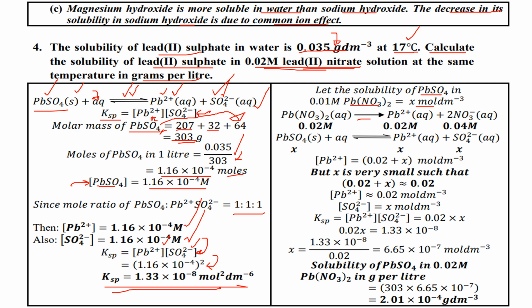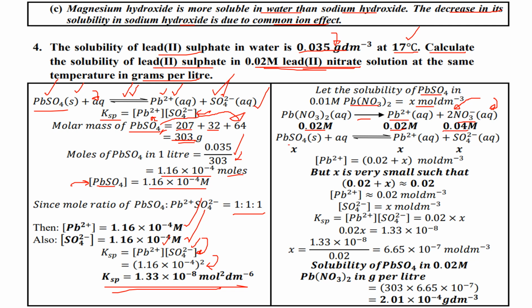When lead-2 nitrate ionizes, it gives us lead ions and nitrate ions. Always ensure that charges are balanced, so we shall put here 2 to balance charges. And you find that obviously also other atoms are going to be balanced. But remember that the concentration which was given here is 0.02, and by mole ratio, that means that it's going to be the same concentration as the others.